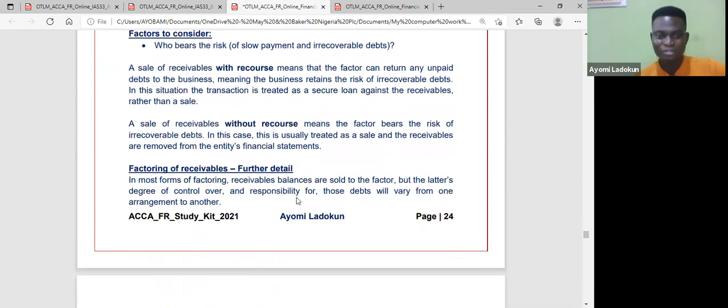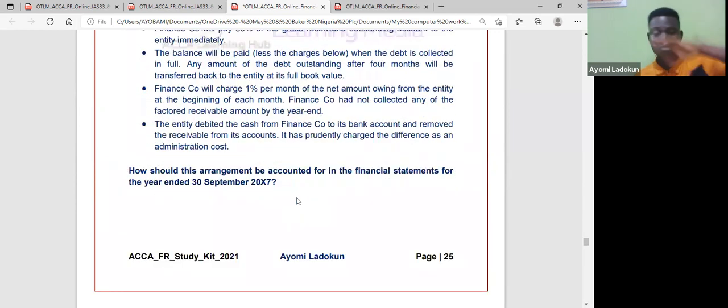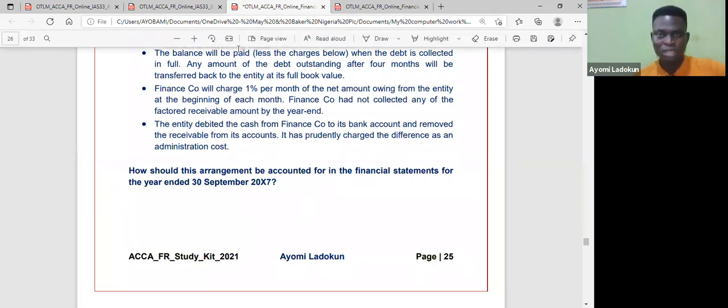Even at the higher level, they don't do that, okay? So make sure you know the little I've been able to take you through on IFRS 9, financial instruments, and know the accounting treatment. Make sure you practice your amortized cost properly, and make sure you're able to explain one or two things that you are told in the question.